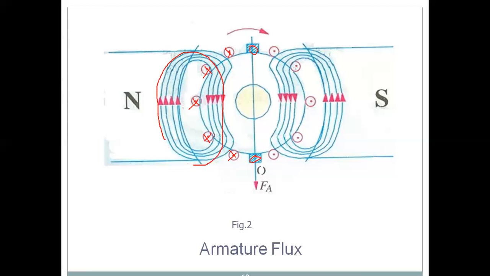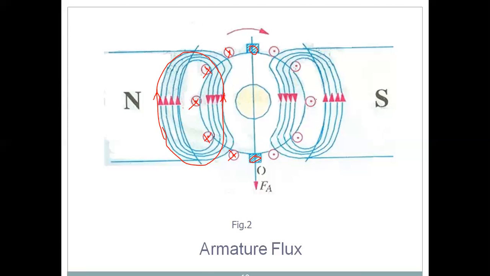The flux developing around these conductors is like this. Means for the conductor on the right side, current is coming in the downward direction. For the conductor on the left side, current is going in the upward direction. This comes by applying the right hand thumb rule.